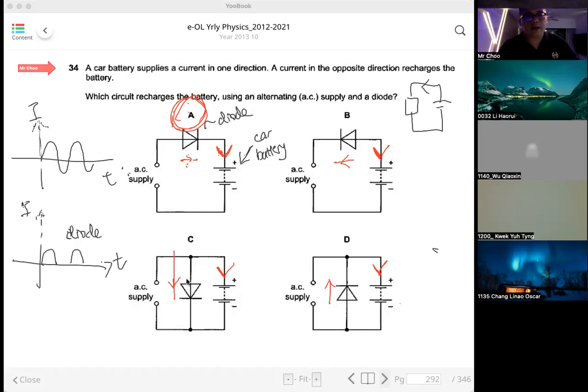In the middle, the current moves down, but moving to the right is still AC. So it does not charge the battery because on this side it is still AC. Is that clear?